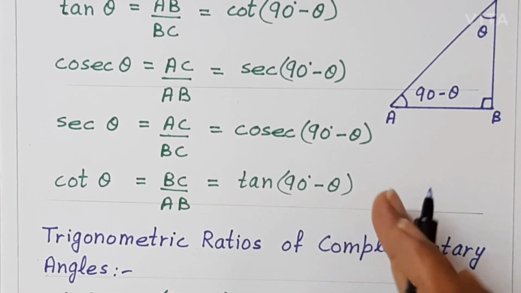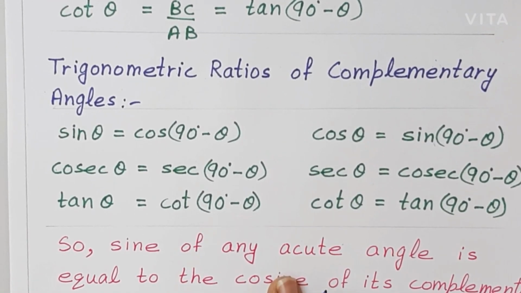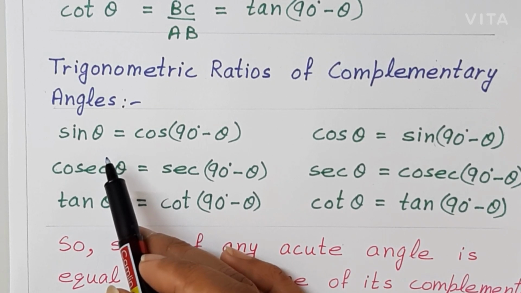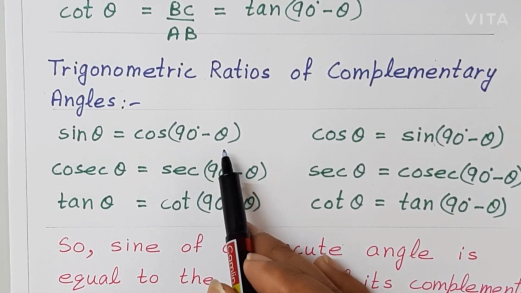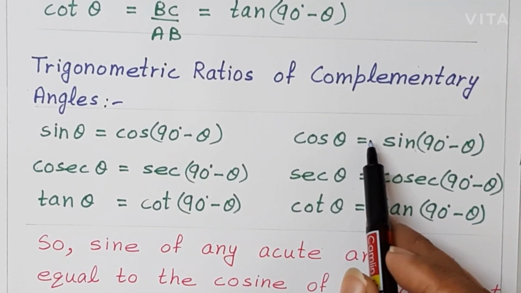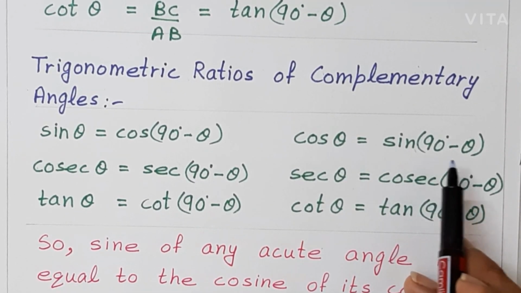So students, after discussing all these results, we come to the conclusion that number one is sin theta is equal to cos 90 minus theta, right? And just the vice versa of it, cos theta is equal to sin 90 minus theta.